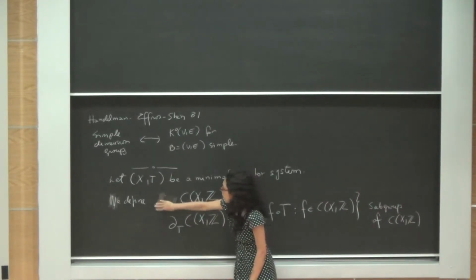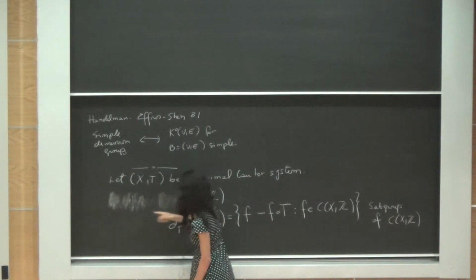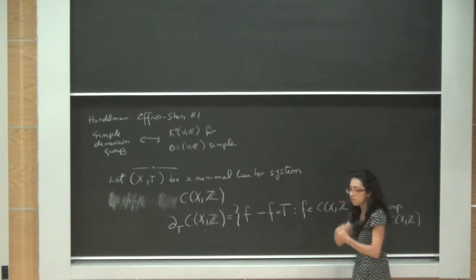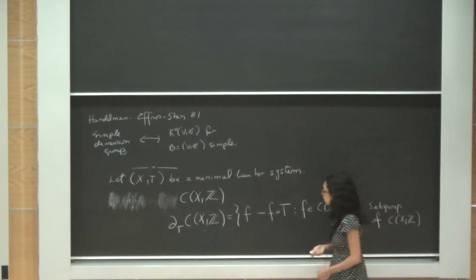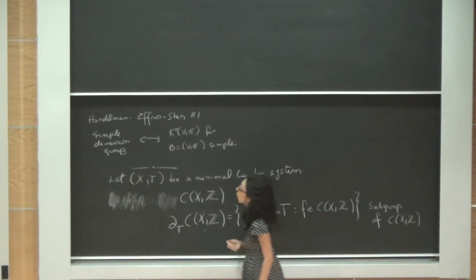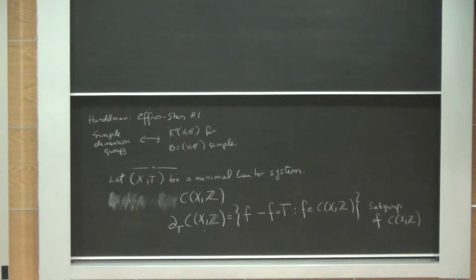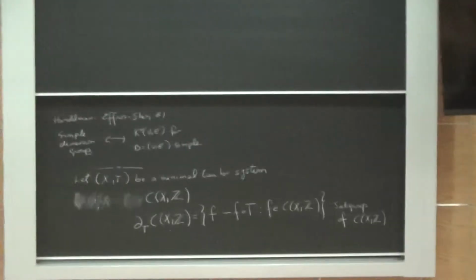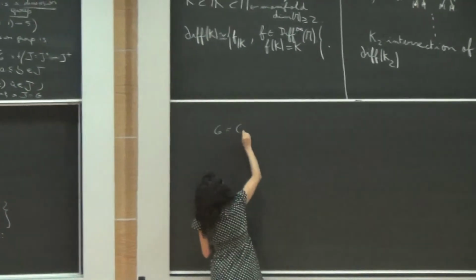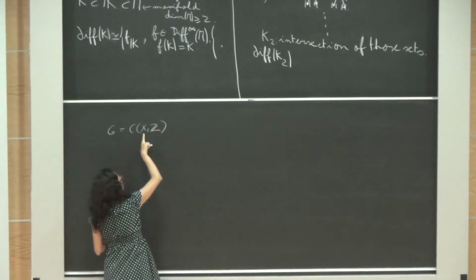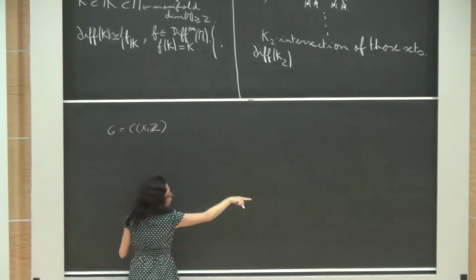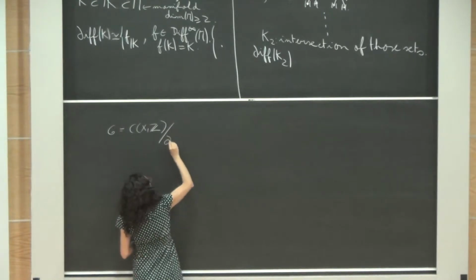We're going to take just this group, then we take this subgroup which depends on the dynamic, and then we are going to define G as the quotient of this group of the continuous functions from X to Z by the subgroup of the coboundaries.